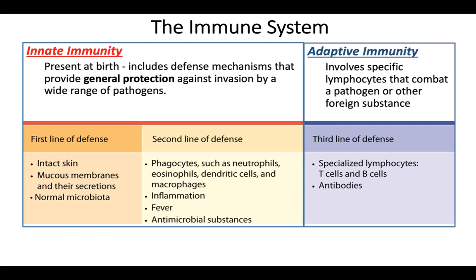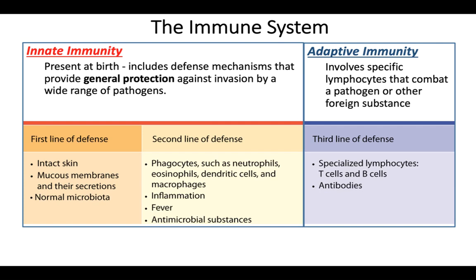So a lot of times we will do things to try to boost these bacteria. For example, you might have heard of probiotics. Probiotics are basically bacteria in the form of, say, a pill or maybe a drink. And what those bacteria do is they will populate your body and try to protect you from these other organisms.